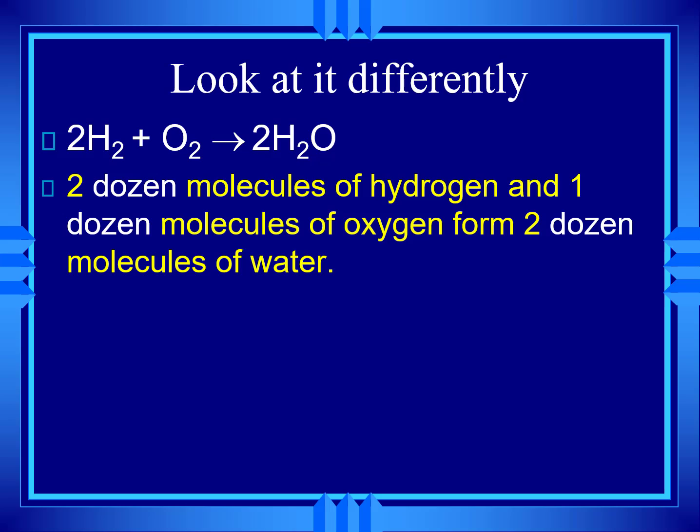If I do it 1,000 times, then 2,000 molecules of hydrogen and 1,000 molecules of oxygen will form 2,000 molecules of water. If I did it 1,000,000 times, then 2,000,000 molecules of hydrogen and 1,000,000 molecules of oxygen form 2,000,000 molecules of water.